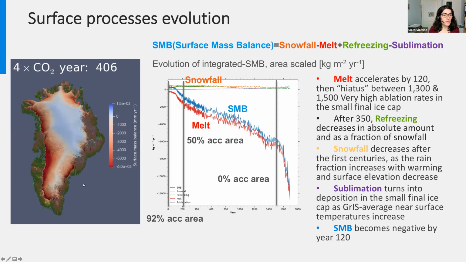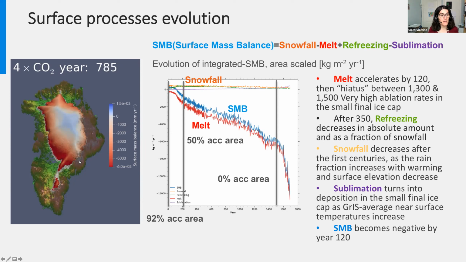And we see retreat from all margins, although you can see that the southwest margin is particularly fast, and the southeast margin takes a little bit more time because there is very high accumulation going on there. The ablation area is very narrow currently.